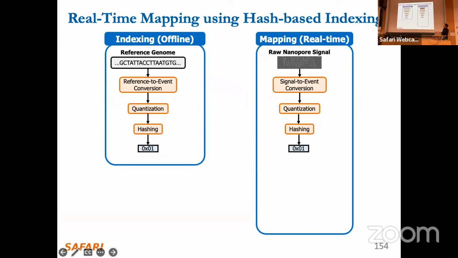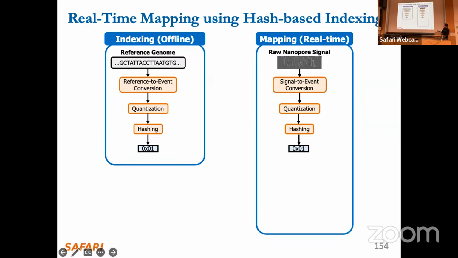So what we do essentially is convert the reference genome into its signal representation, so we know what each sequence should look like in terms of its signal. We convert the reference genome to signals, and we do some purification and denoising on both the reference genome and also on the raw signals.